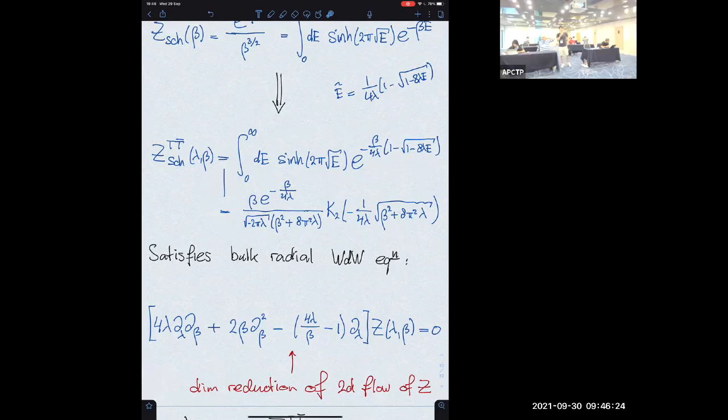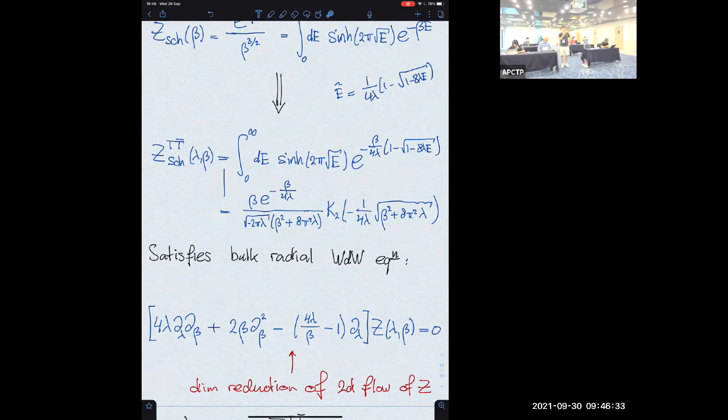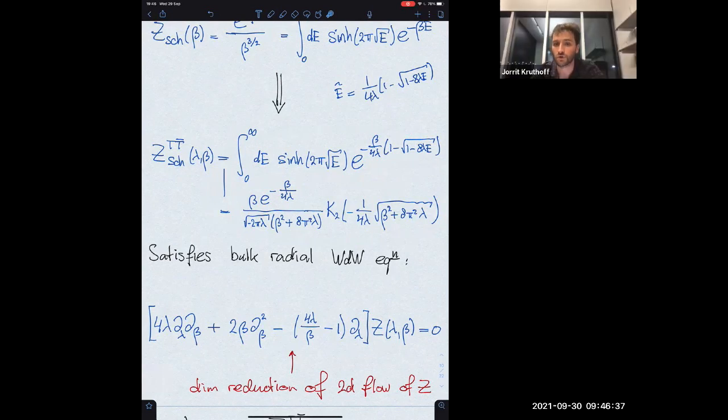Ah, I see. So really the expression that I wrote here only makes sense for negative lambda. But I'm saying that, if you want to, you can continue it to positive lambda. I'll have some more to say a little later about the relation with the complex energies.